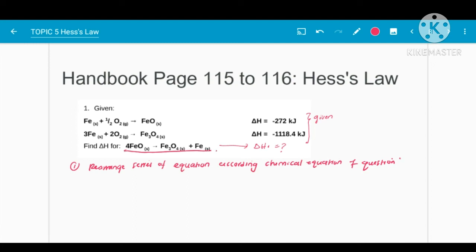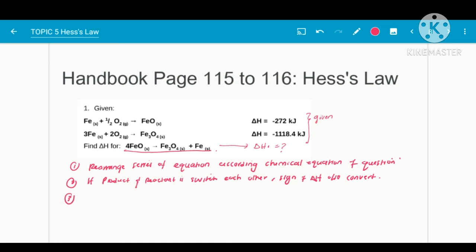This is our question. Rearrange. Second, if the product and reactant are switched with each other, the sign of the enthalpy change is also converted.